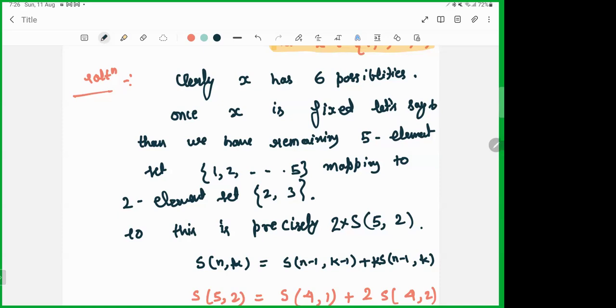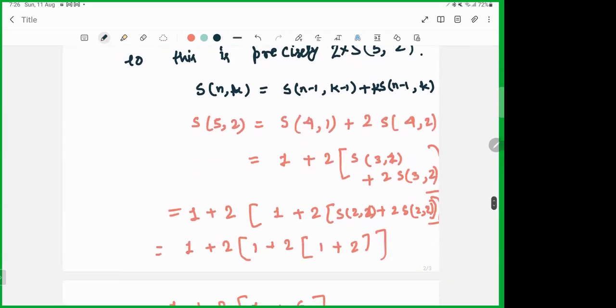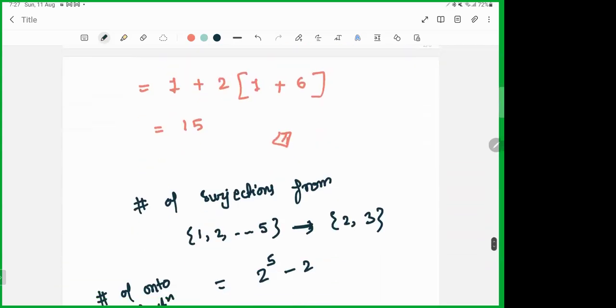This will partition the five-element set into two blocks. Now each block has two choices, because this block can map either to 2 or to 3. So the total number of such functions from 1 2 3 4 5 to {2, 3} is 2 into S(5,2), where S(5,2) is the Stirling number of the second kind. Then the total number of required functions is: first we have 6 choices, then we have 2 S(5,2) functions. So this is 6 into 2 S(5,2) basically. This is the required thing.